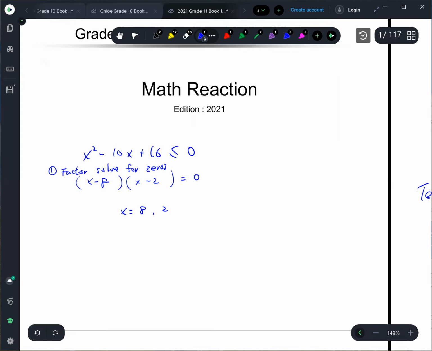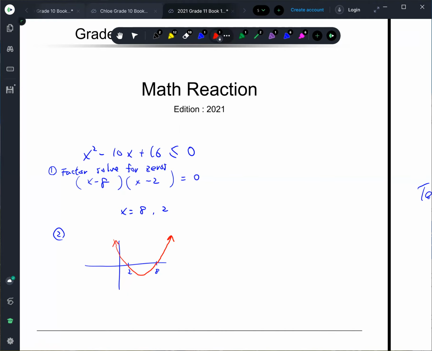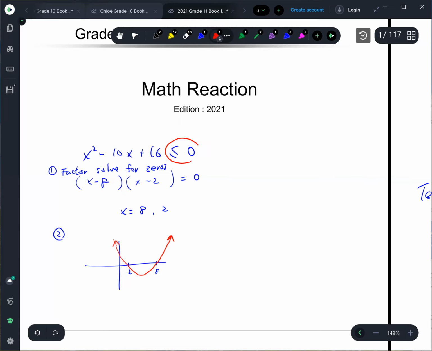Yeah. So now we'll draw it out. This is x equal to 2. This is x equal to 8. Does this parabola open up or down? It opens up, so we draw that out. Now you look at the inequality. It says it has to be less than or equal to 0.